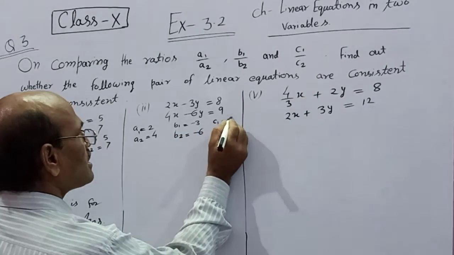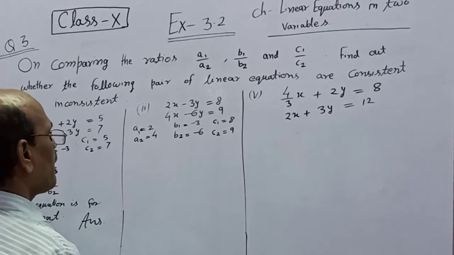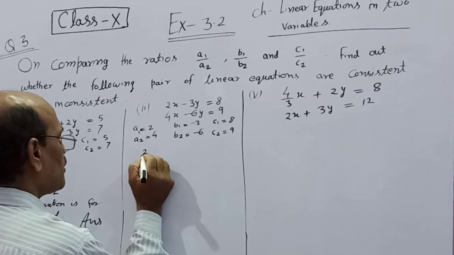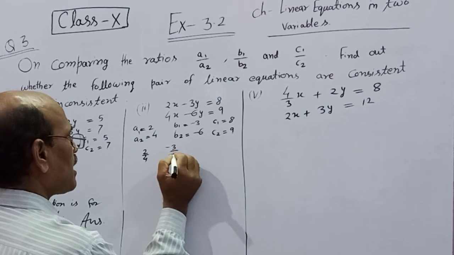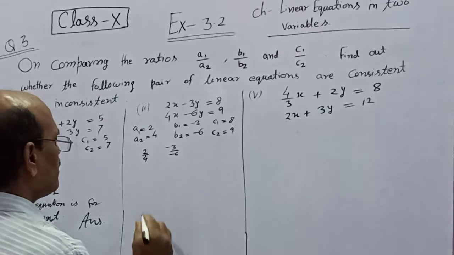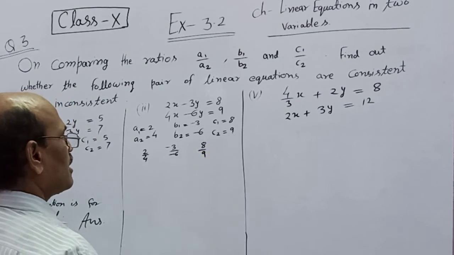Similarly, c1 is 8 and c2 is 9. So 2 upon 4, minus 3 upon minus 6, and 8 upon 9. Clear?